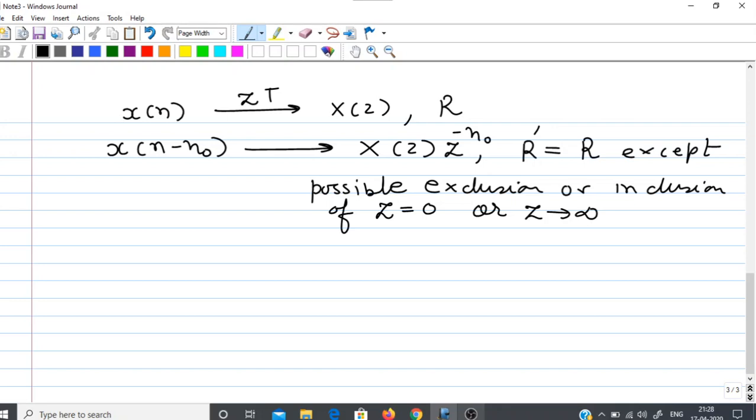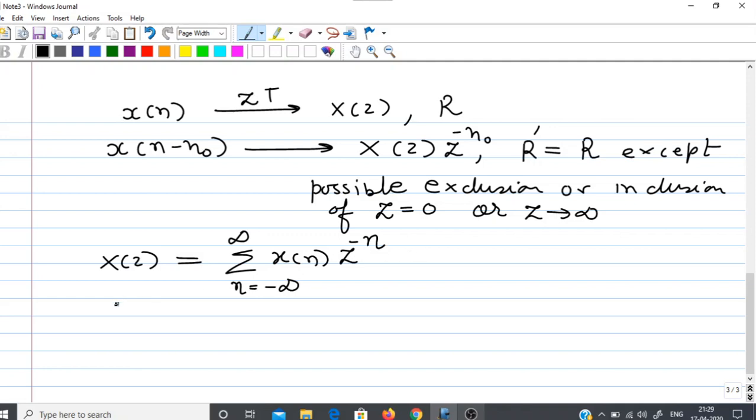Now, before taking examples on the time shifting property, let us prove this property. We know the definition of the Z transform. It is the summation over n running from minus infinity to plus infinity of x[n] z to the power minus n.